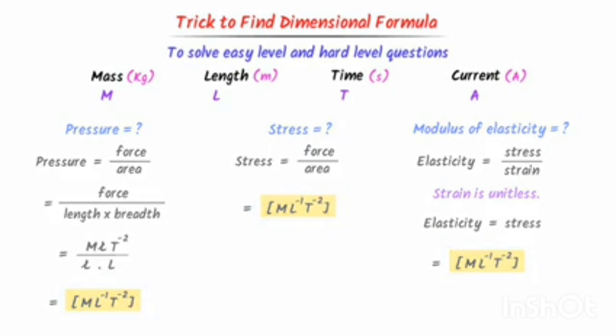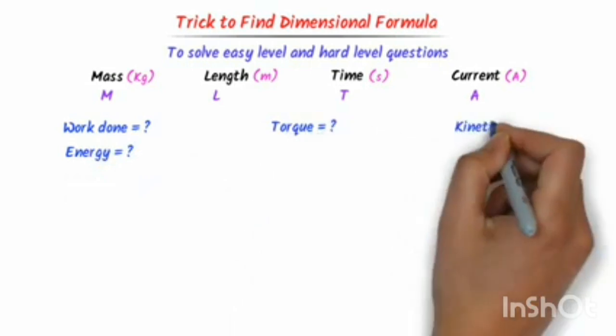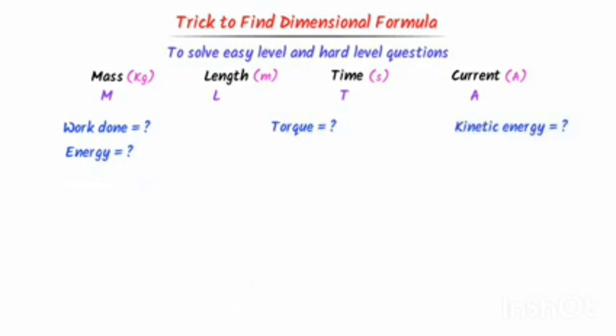Secondly, find the dimensional formula of work done, energy, torque and kinetic energy. Well, work done and energy are two faces of the same coin. We know that work done is equal to the dot product of force and distance.